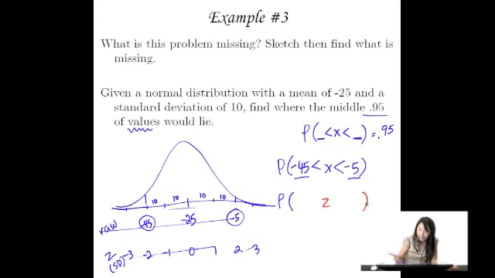So the other way we could write it is also like this. So what z-scores does the middle 95% cover? And that would be between 2 and negative 2. Note that the negative 45 corresponds to negative 2, and the negative 5 corresponds to positive 2, just like here. Right? So that's the nice thing. There are these relationships between the raw scores and the z-scores, and we're going to get more into that in the next lesson.